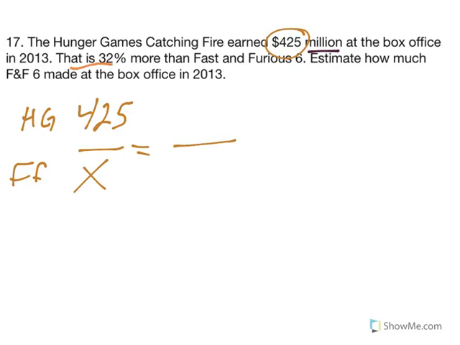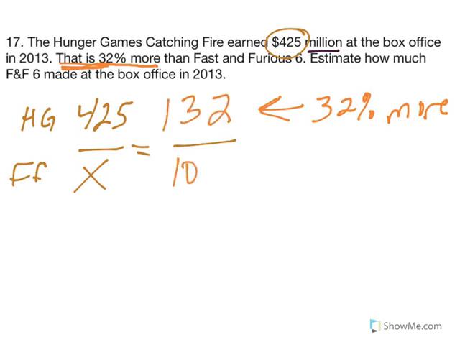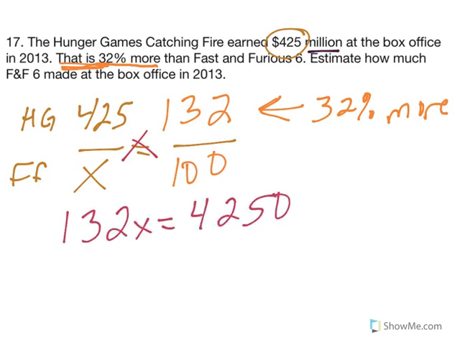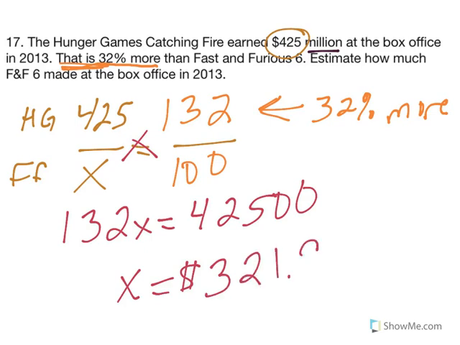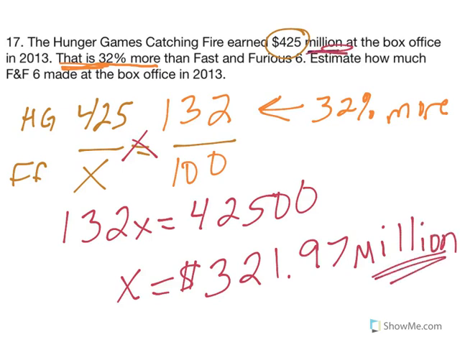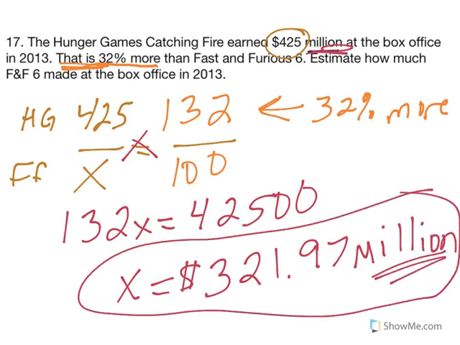So now when we look at it, it says that is, so we're talking about the Hunger Games, is 32% more. So that's 132 compared to the reference of 100. So when I cross multiply, 132x equals 42,500. When I divide both sides by 132, Fast and the Furious 6 grossed $321.97 million. Do not forget the million because we scratched that from the beginning.